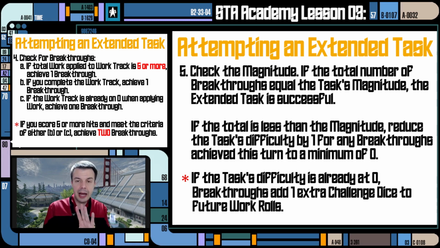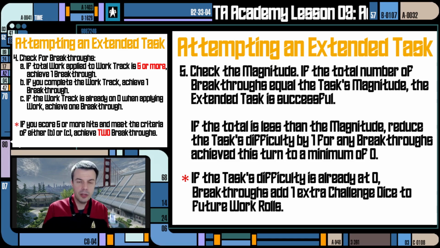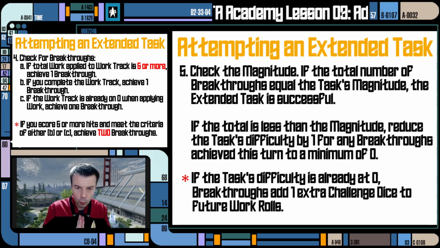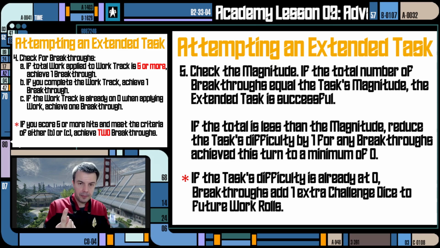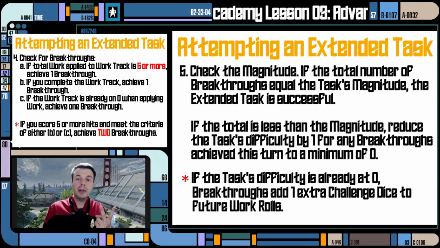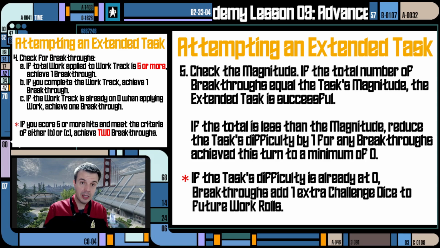So again, I know it's tricky. Please let me run through this again. What it is, you roll your task. If you're successful, you take 2 plus your discipline in 6-sided challenge dice. You roll that, you count up your hits.